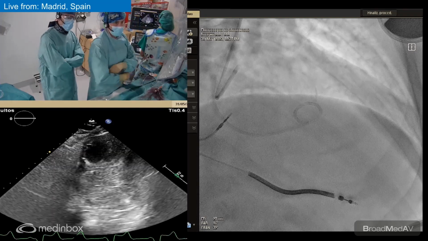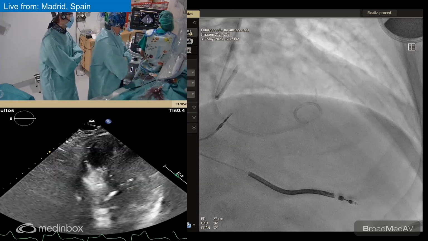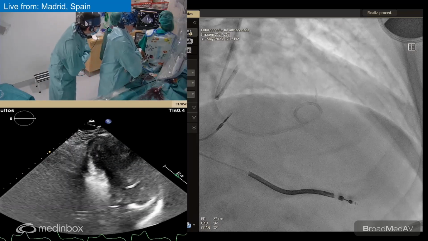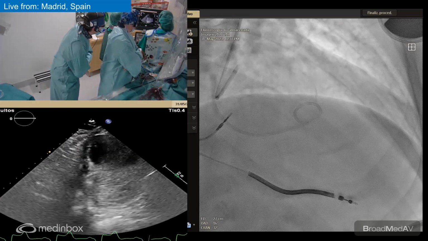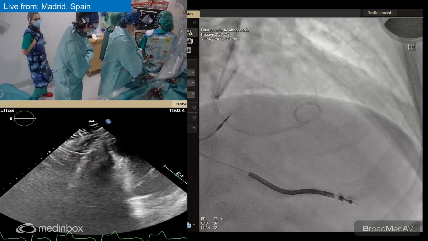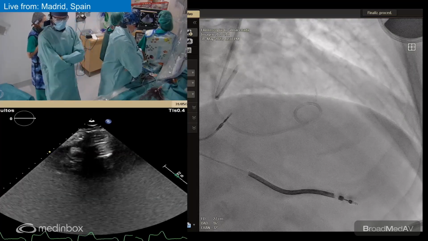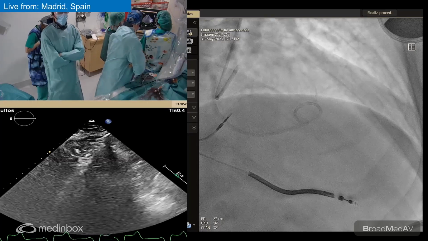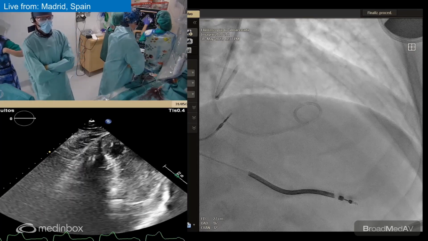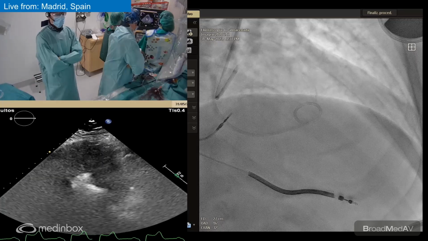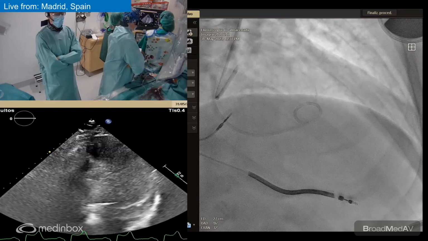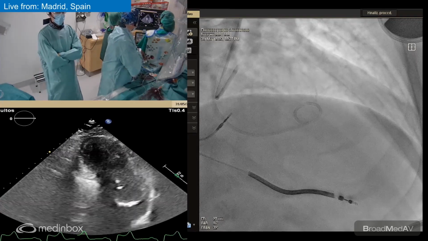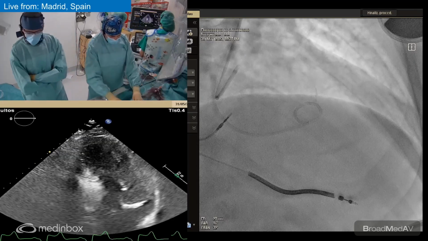And it's not going anywhere else, no? No, nowhere else. The papillary muscles are fine. The apex is fine. Free wall, I don't really see the right ventricular free wall, but it's the window. The septum looks a good place. You agree? It's a bit more apical than the previous injection.